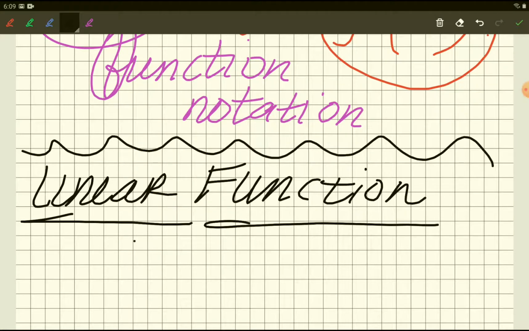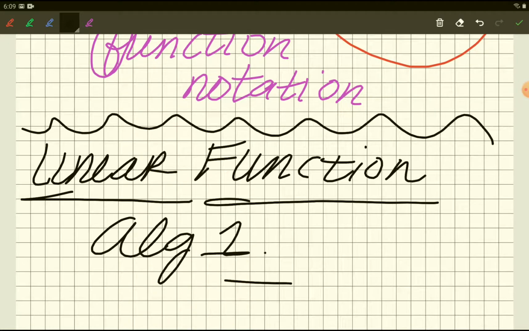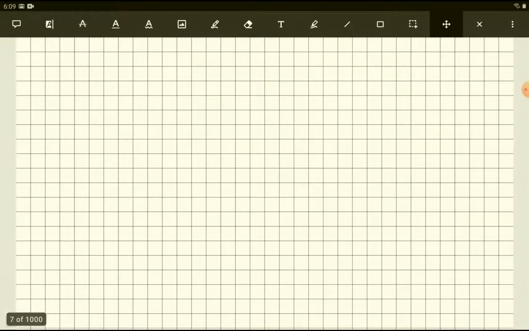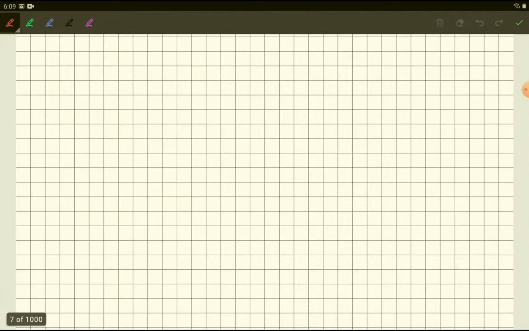Okay, you've seen a lot of these in Algebra 1. It's been a long time now. Next page.